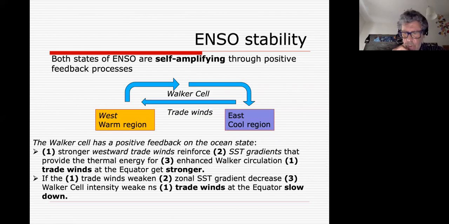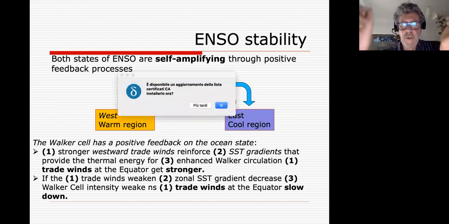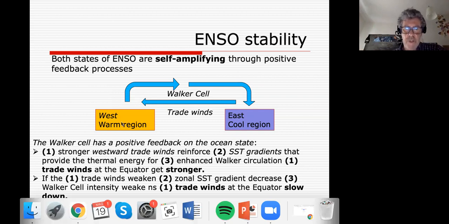Strong wind means strong evaporation, strong upwelling, and this means that the stronger the wind, the stronger the Walker cell, the stronger the pressure gradient, and the stronger the difference in SST.